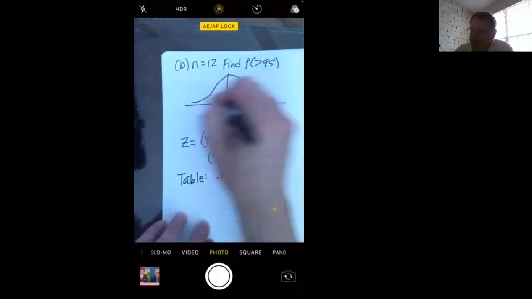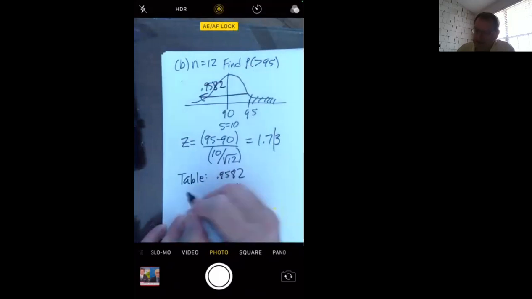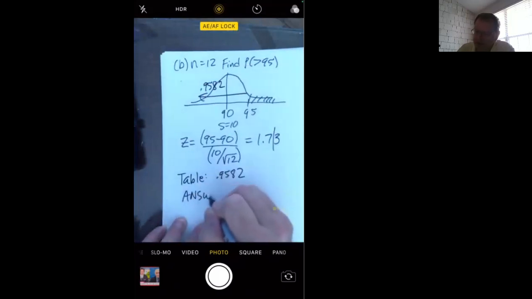That would be this way. Answer, the probability would be 1 minus 0.9582.